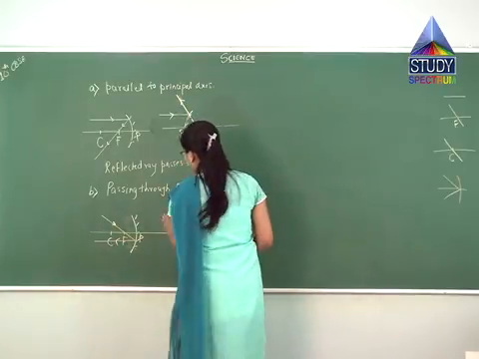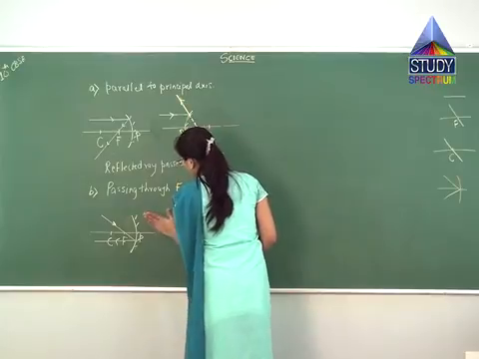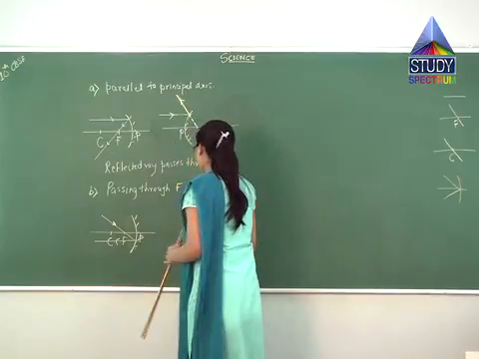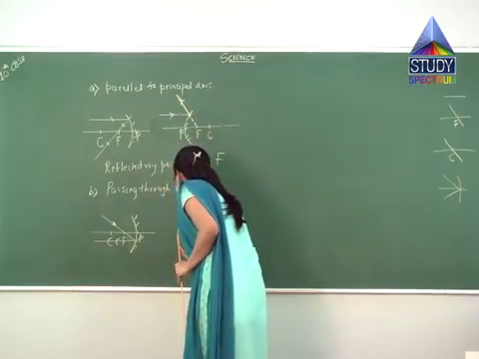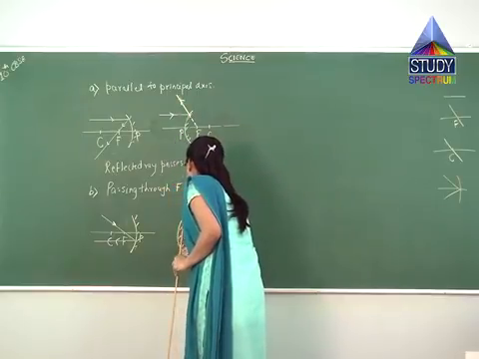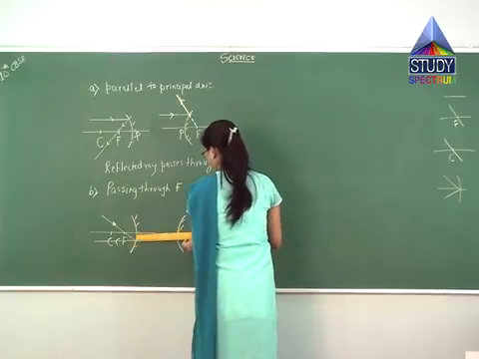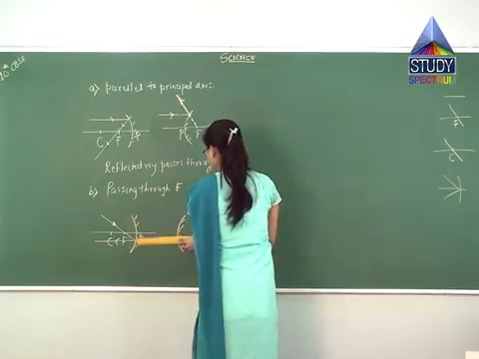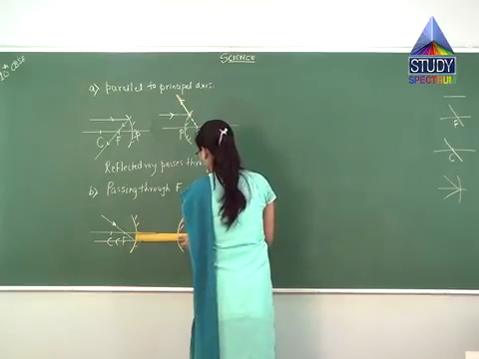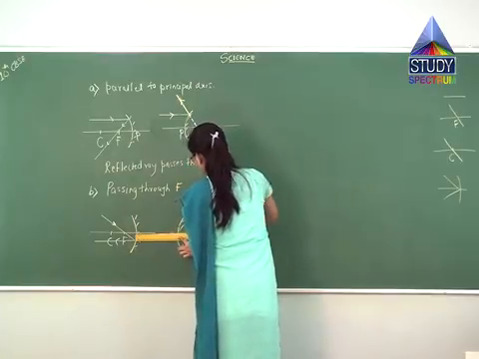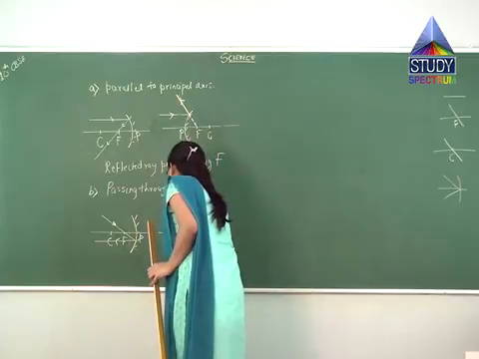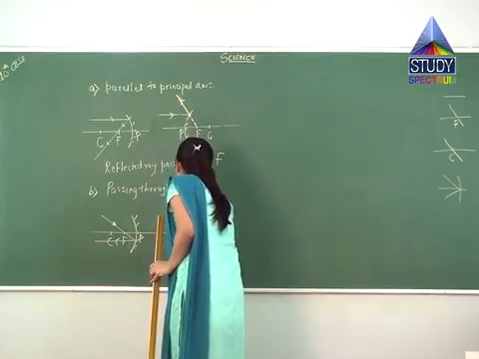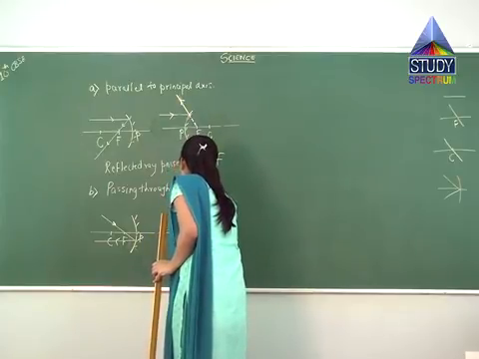Now a similar case is applicable for a convex mirror also. So let us draw one convex mirror here. This is your principal axis, pole.